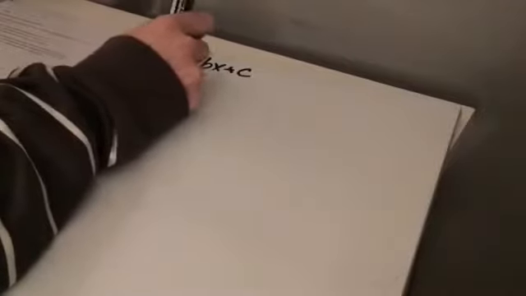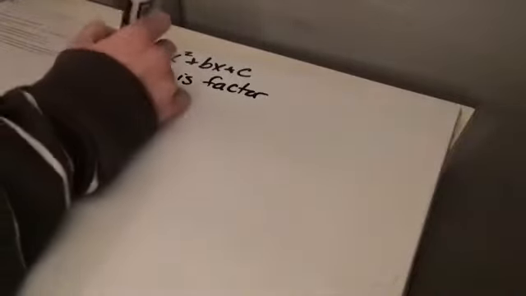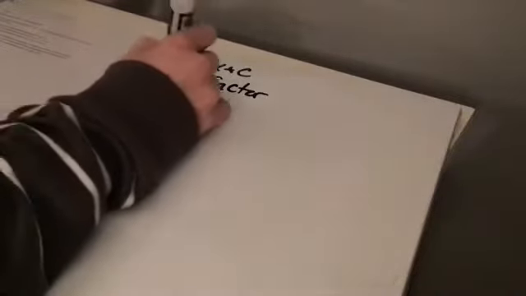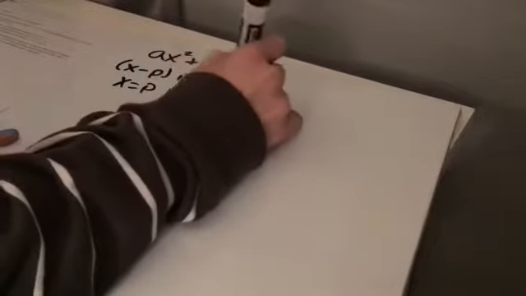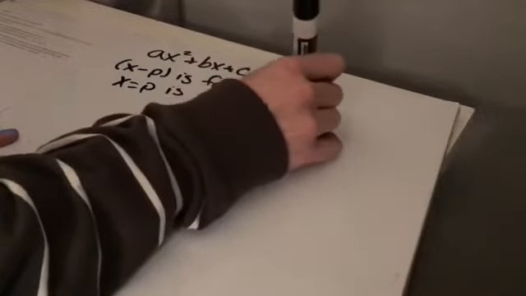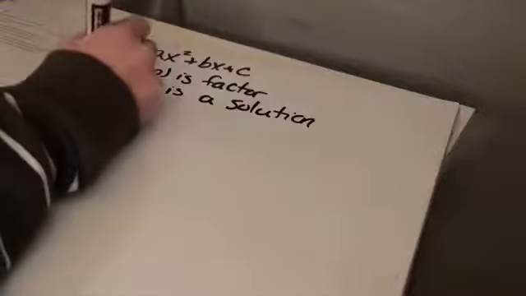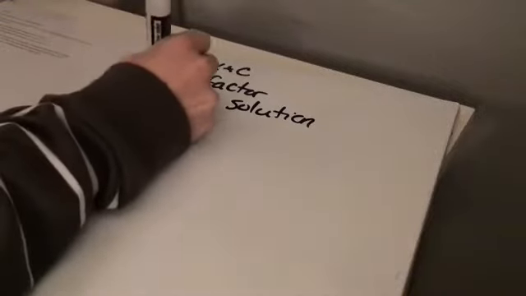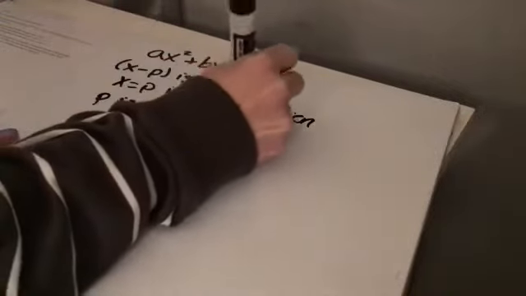So if we say that x minus p is a factor, then we can say that x equals p is a solution, and that tells us that p is an x-intercept.